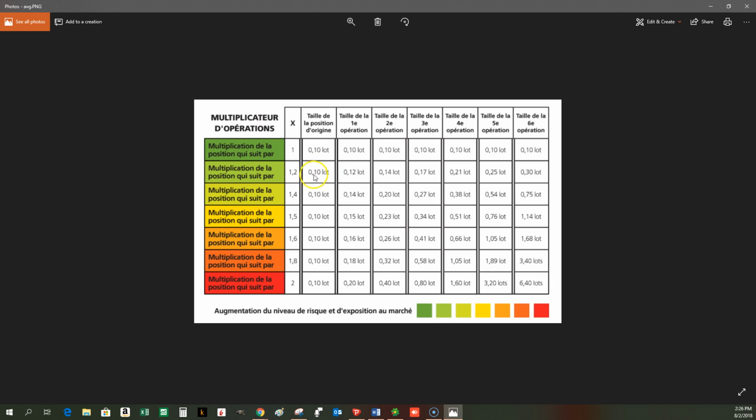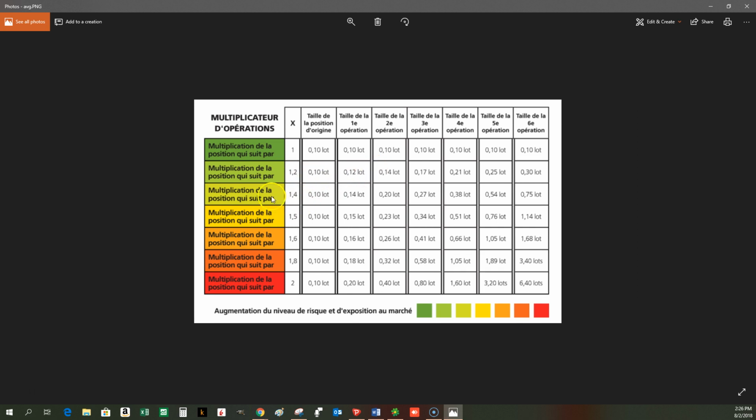So the first trade will be 0.10 lot, and the second trade will be 0.12 lot. All right, and the third trade will be 0.14 lot, etc. Each time you multiply by a coefficient of 1.2.